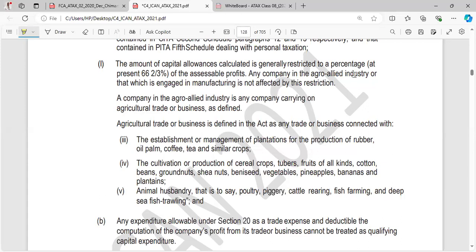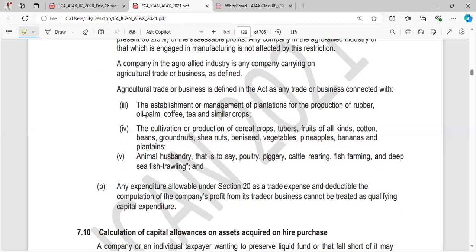Any company in the agro-allied industry which is engaged in manufacturing is now affected by this restriction. Now they are telling you that a company in the agro-allied industry will be carrying on the following trades: establishment or management of plantations for the production of rubber, oil palm, coffee, tea, and similar crops.